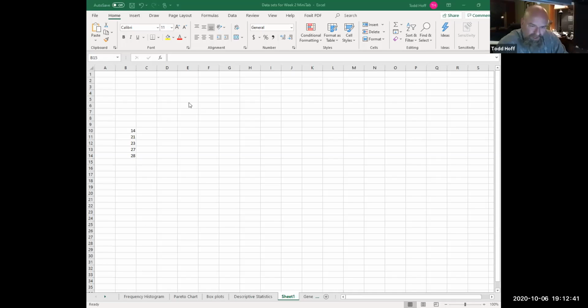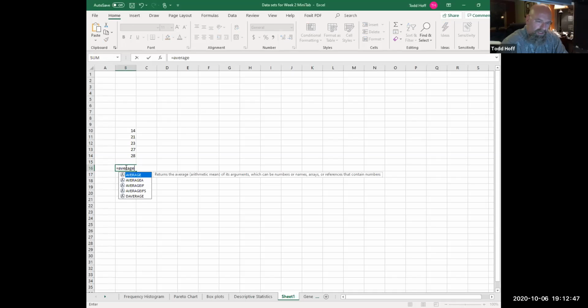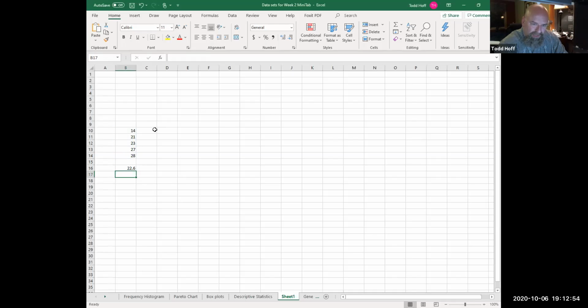Just for the sake of time, because the mean is, of course, a weird number. Now in Excel, to find the mean, use equals. The command is average. And you highlight the set of data. You don't name the column like you do in Minitab. You got to highlight the data. So it is 22.6. So this is going to equal this number minus 22.6.